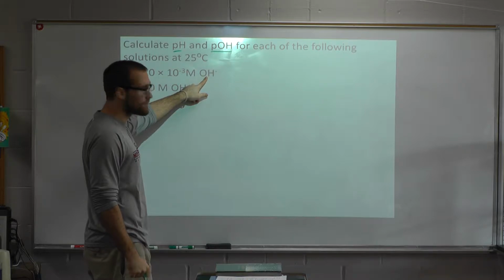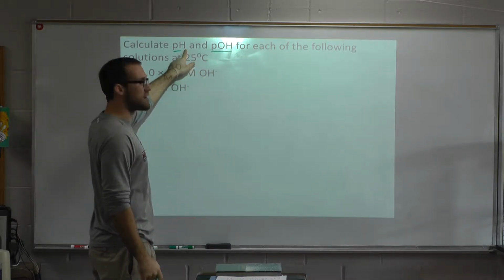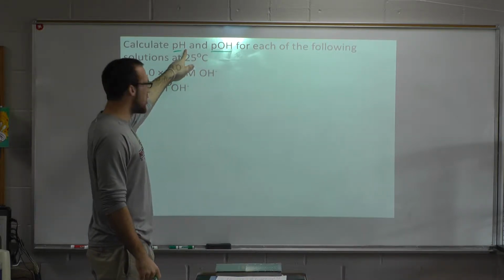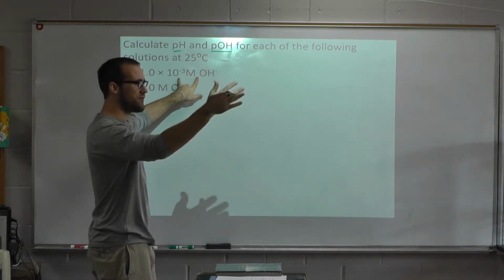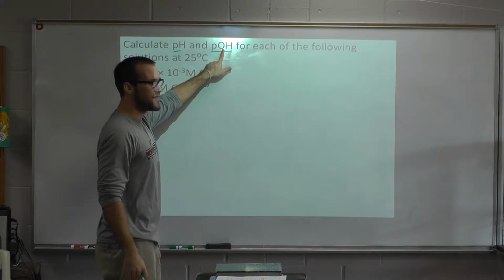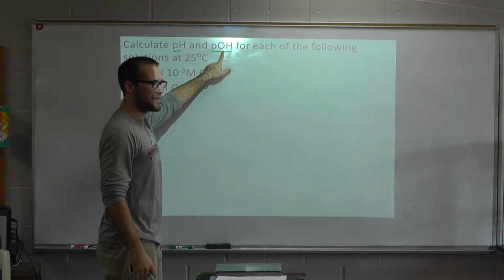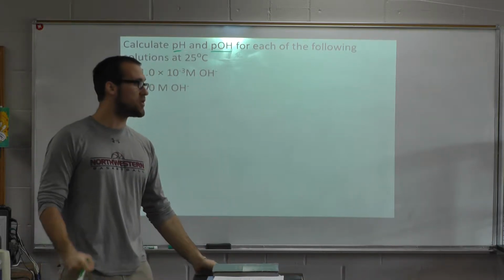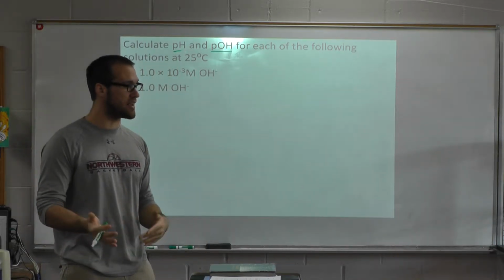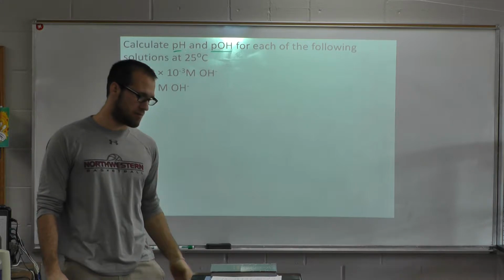Does that make sense? Yes. I then could take the negative log to find pH. Or I could take this and go 10 to the power of that to get pOH, and then subtract that from 14 to get your pH. You could do a lot of different things to solve this problem.